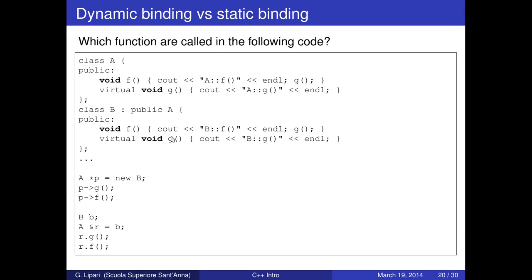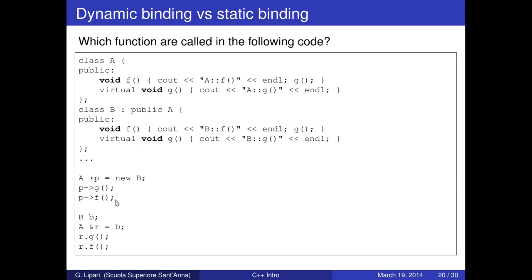No, G is virtual. G is virtual, so dynamic binding. So this prints on the screen BG, because P is pointing to an object of type B. I do P->G, G is virtual, so I look at the type of the object, which is B, and so the second one is going to be called, BG. Okay? Is it clear?